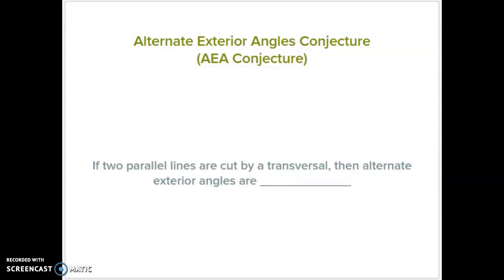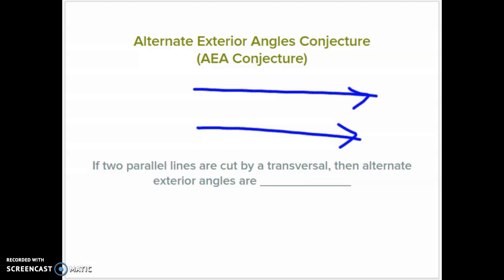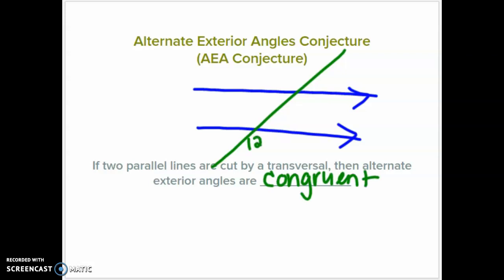The alternate exterior angles conjecture states that if we have two parallel lines cut by a transversal, then the alternate exterior angles are congruent. So if we know this angle is 120, this angle is 120.